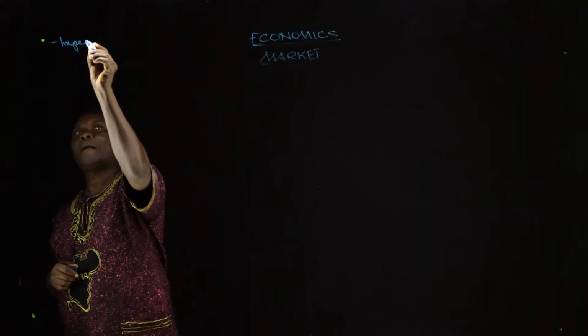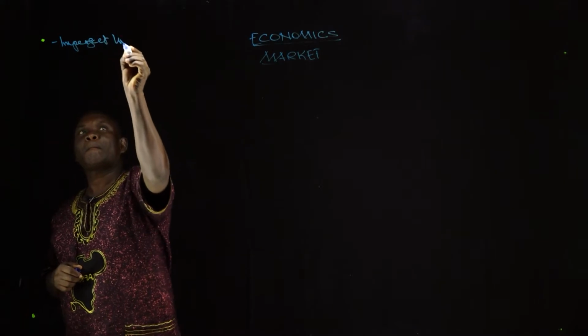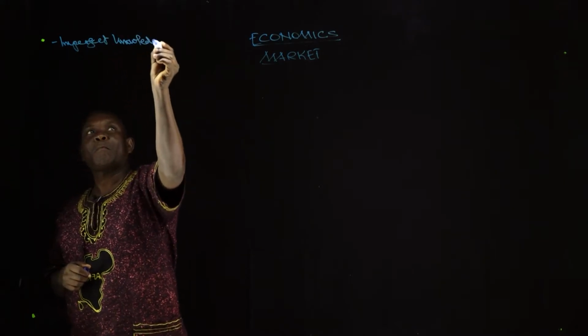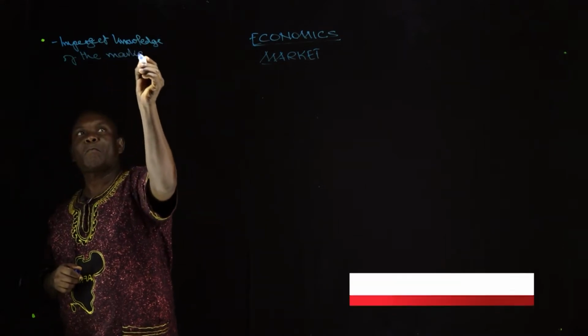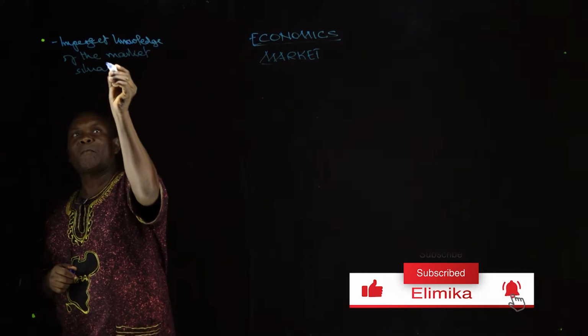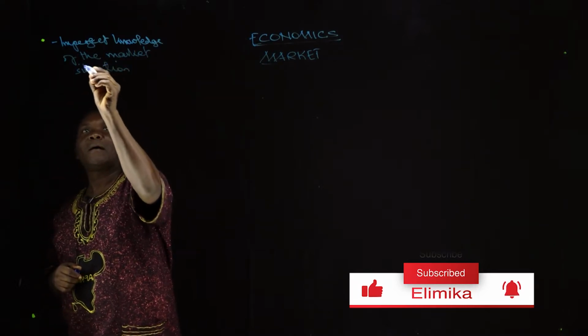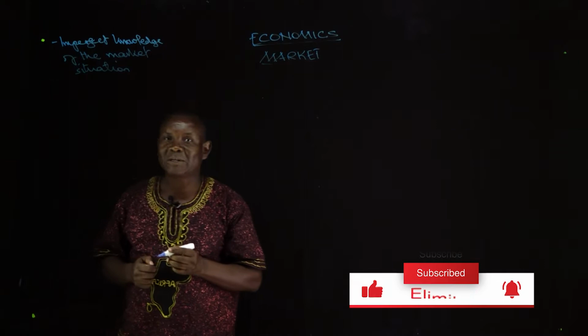But again, apart from the number of buyers and sellers being few, another thing that may make a perfect market to be unrealistic is imperfect knowledge of the market situation.